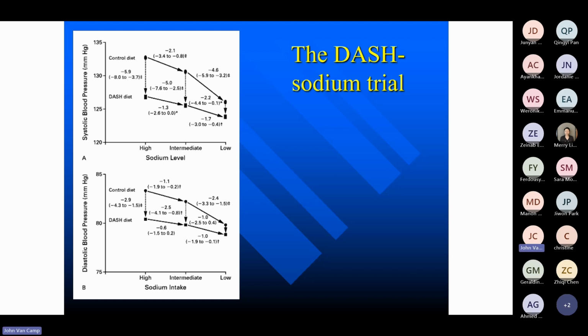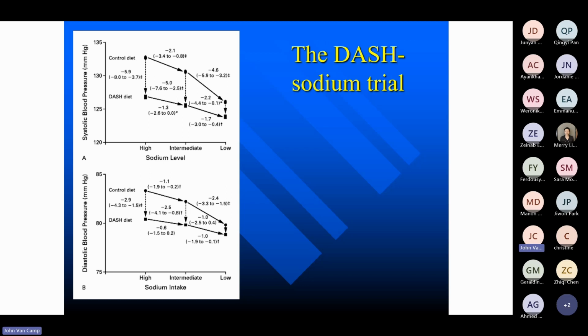What did we do? On the x-axis, you have 3 levels of intake: the high intake, the intermediate intake, and the low intake. The high intake is the intake level for sodium we have today, so highly above the recommendation. The intermediate intake is the intake which is linked to the current dietary recommendations, which is, for example, 2 grams per day.